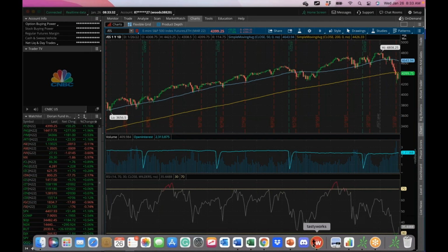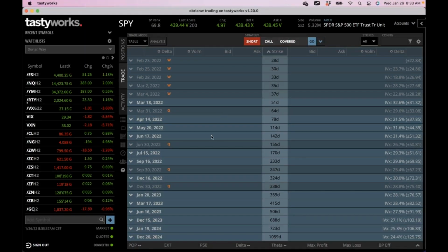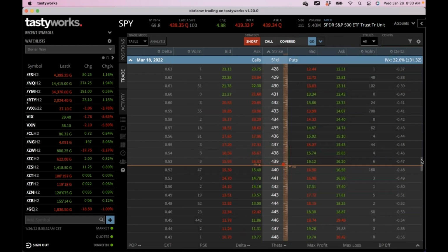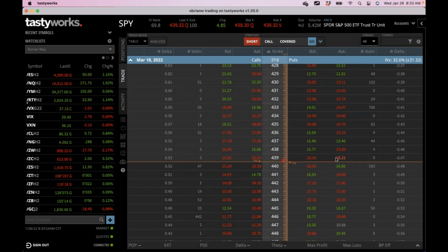So if we go over here and you're looking to be bearish, well, you can be bearish in a number of different ways. For example, if we went to this SPY, the S&P 500 ETF index, and I wanted to be bearish here, I could buy a put spread at or near the money line.